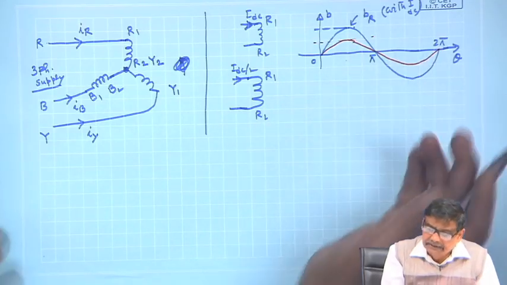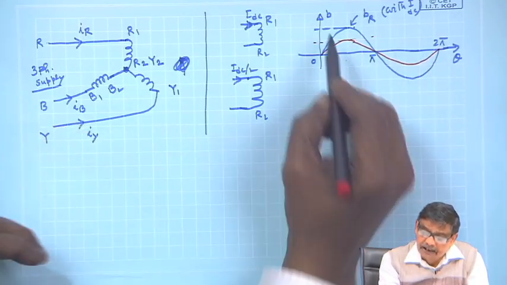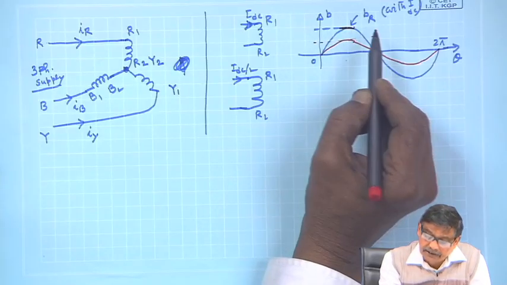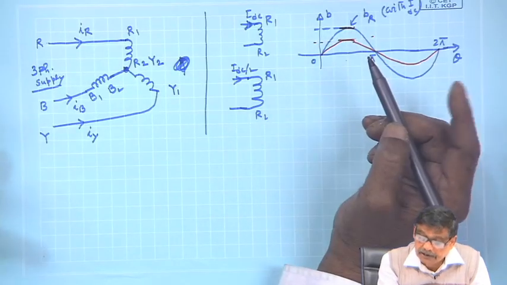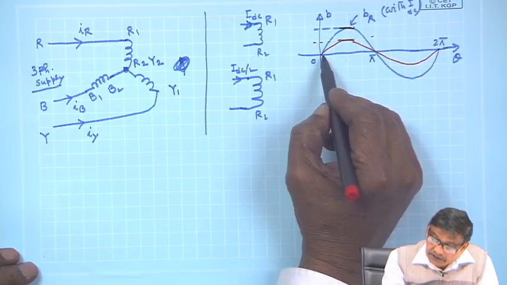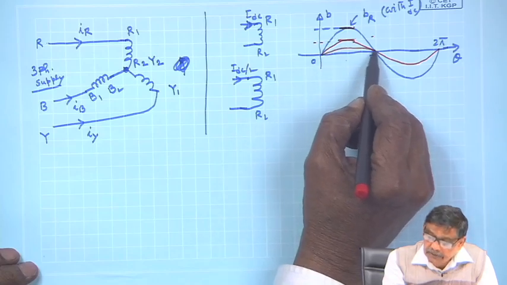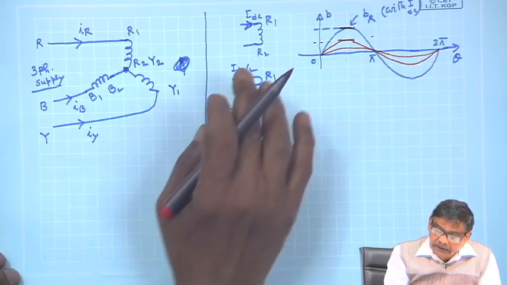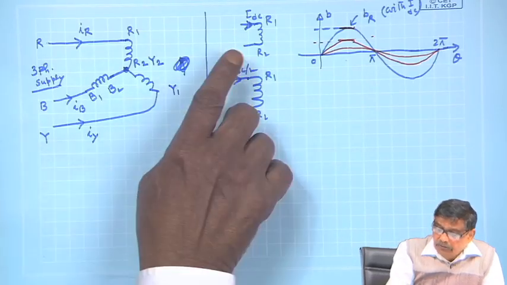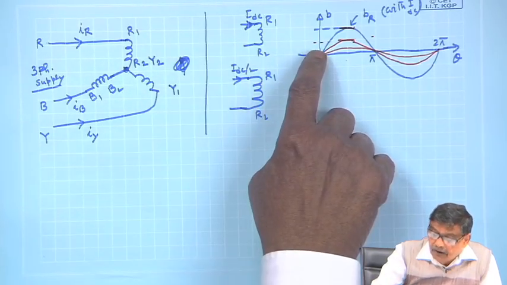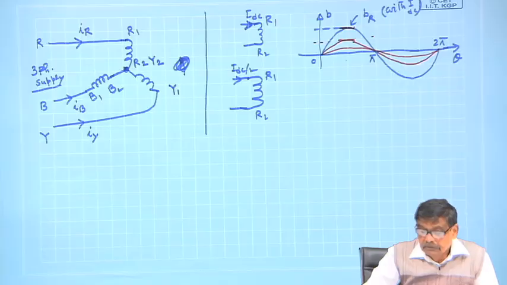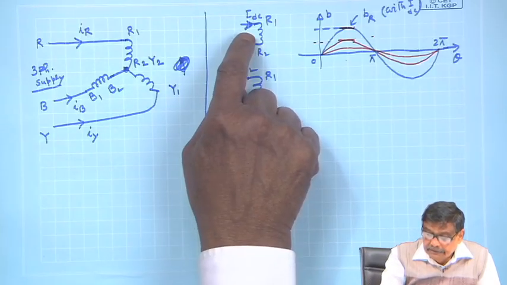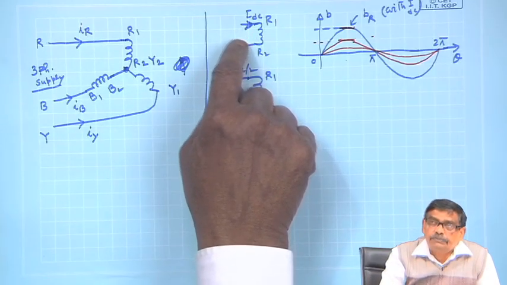The same pattern, but its peak value, if it was B max earlier, becomes B max by 2. Make it 1/3, it becomes 1/3 and so on. Therefore, I know the effect on the B distribution as you change the magnitude of this current.